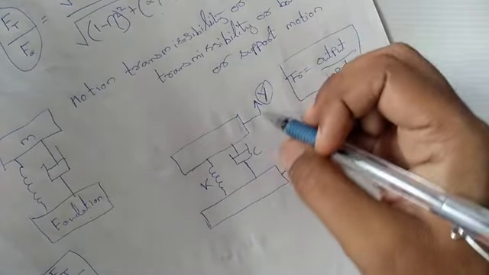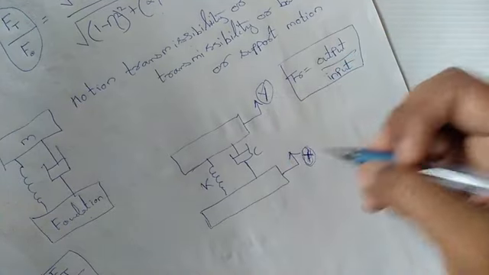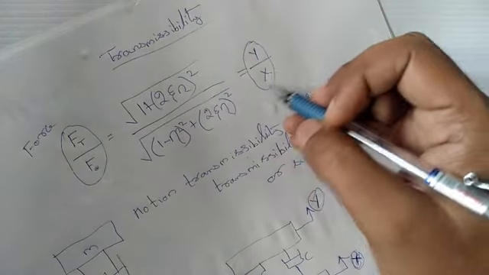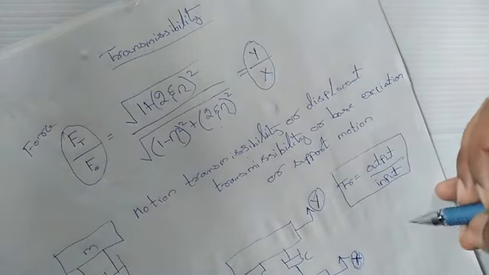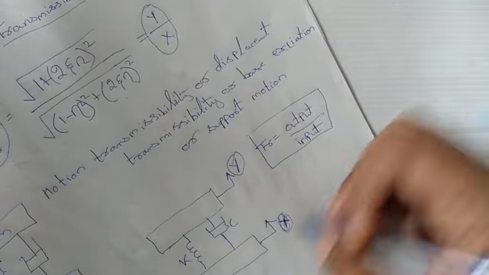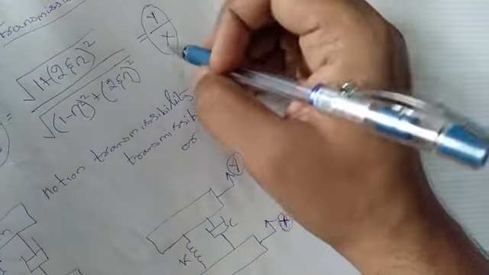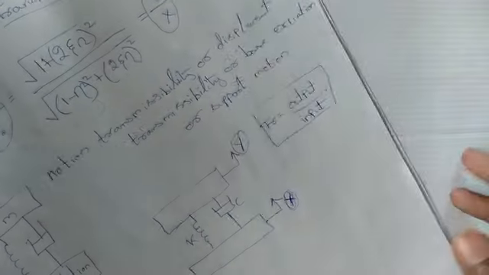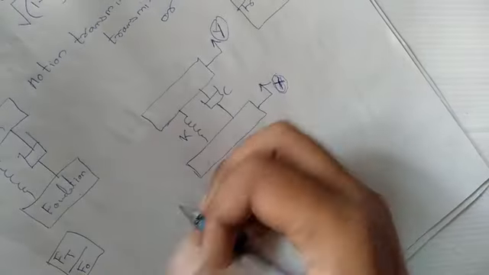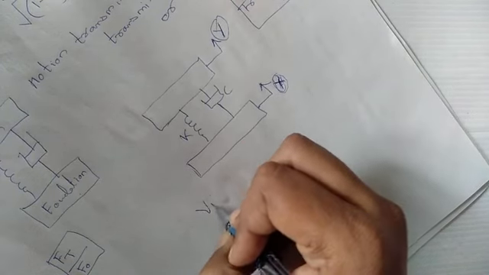If the question has x over here and y over here, and you learn by heart and write y by x, it would lead to a problem. So always remember it is output by input, see what the input and output are, and write accordingly. Next, with these concepts, we'll move on to the vibrometer.